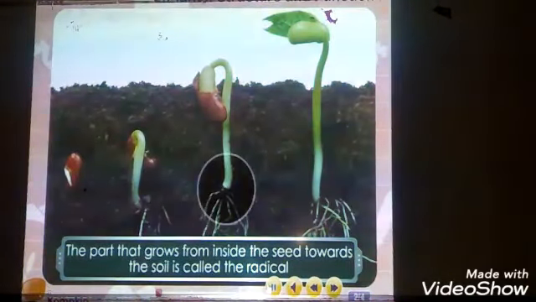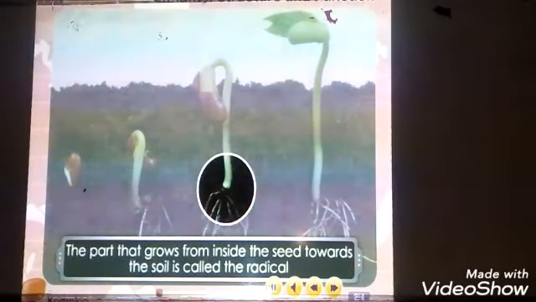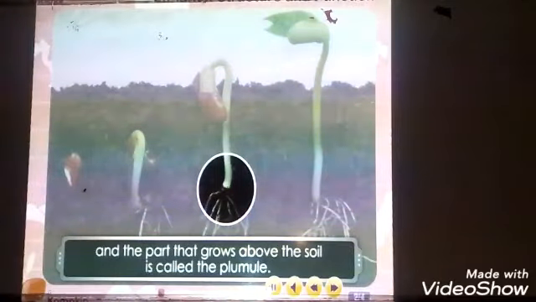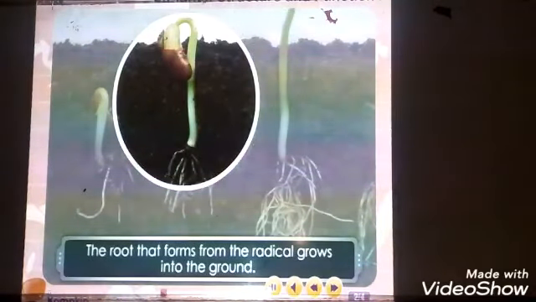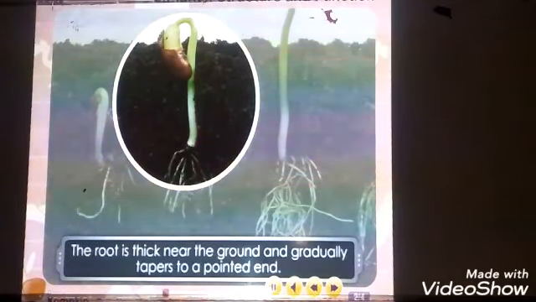The part that grows from inside the seed towards the soil is called the radicle. And the part that grows above the soil is called the plumule. The root that forms from the radicle grows into the ground. The root is thick near the ground and gradually tapers to a pointed end.